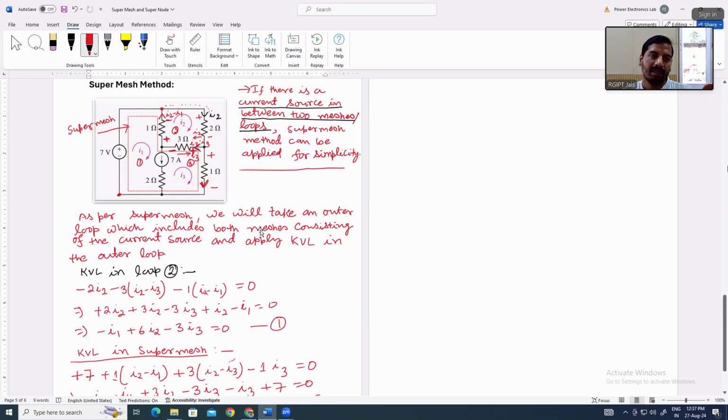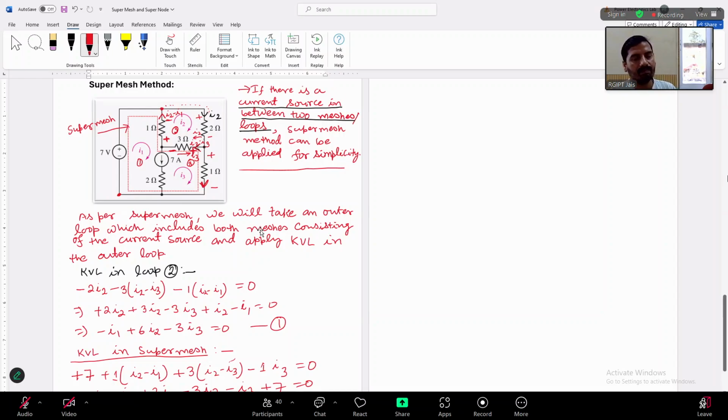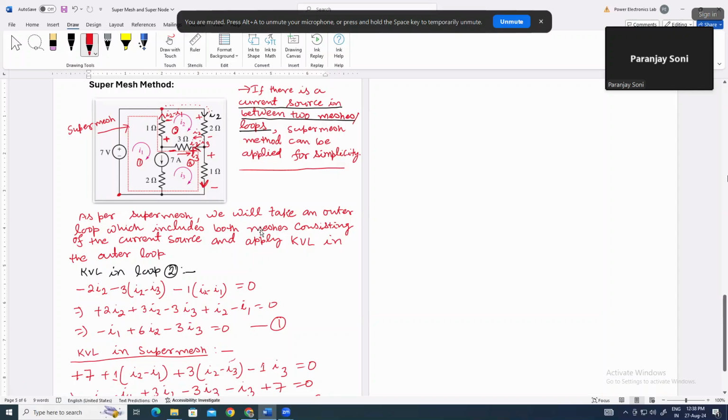How can we apply KCL and what will be the third equation, and where will we apply KCL? Maybe at the center point. Center junction, where the 7 ampere source is, right?